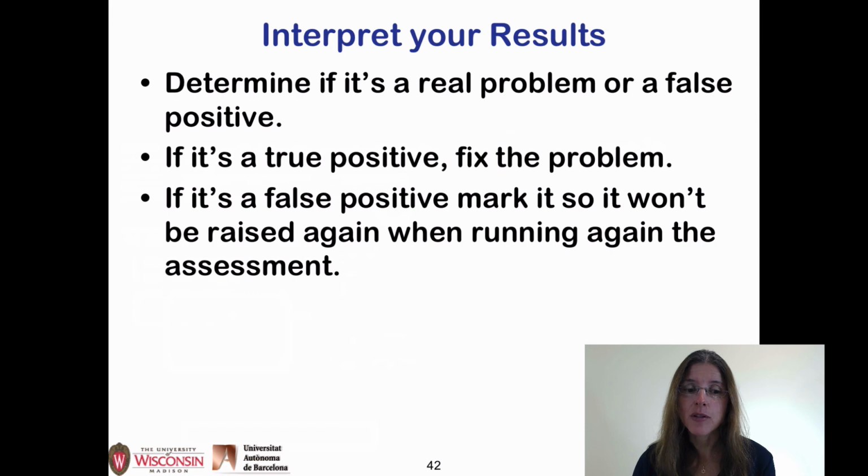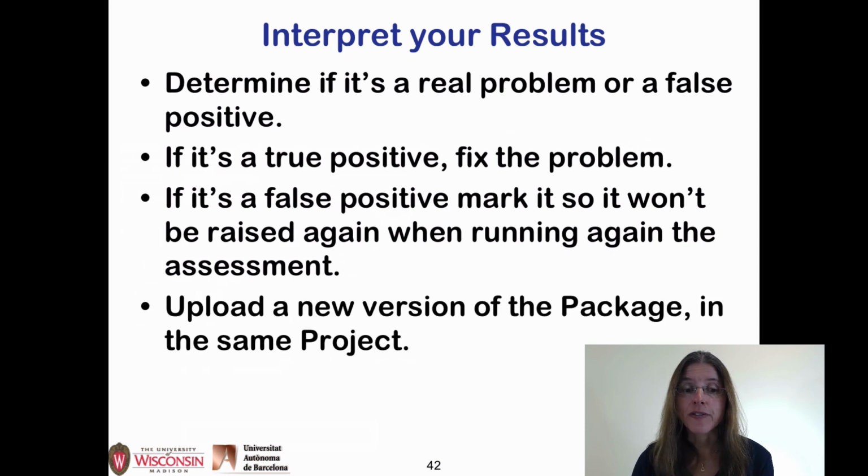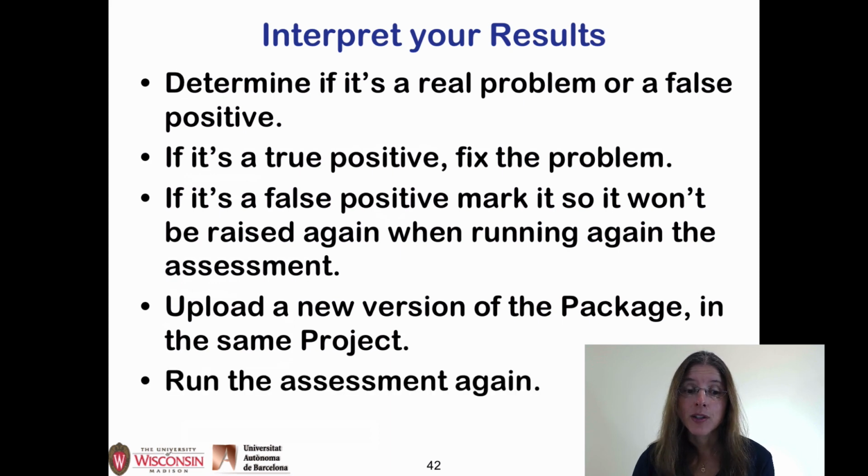Probably your next version after you fix some of the problems reported by the tool. After you have fixed some of the issues, you will want to upload a new version of the package, associating this new version with the same project. Then you run the assessment again and go back to the first step of this cycle.